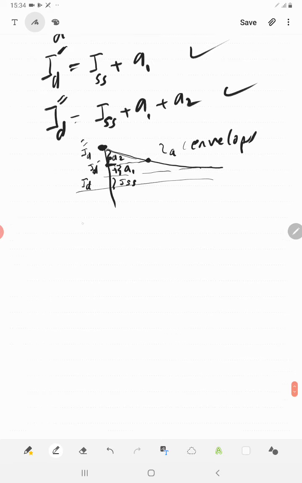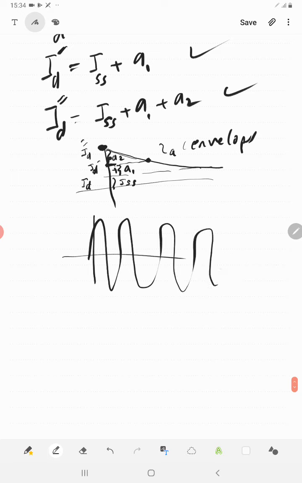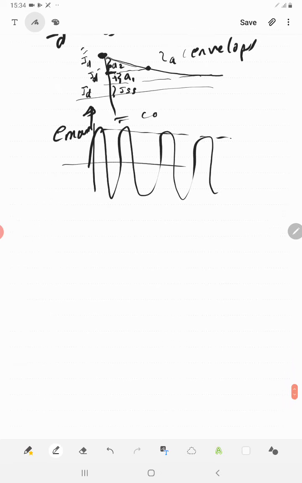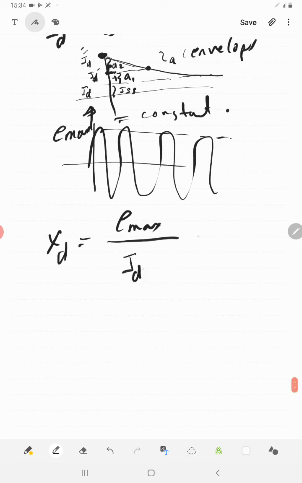Now, assuming this represents E maximum of the generator, and it is constant. Then XD is E maximum divided by ID, so it is E maximum divided by I steady state.